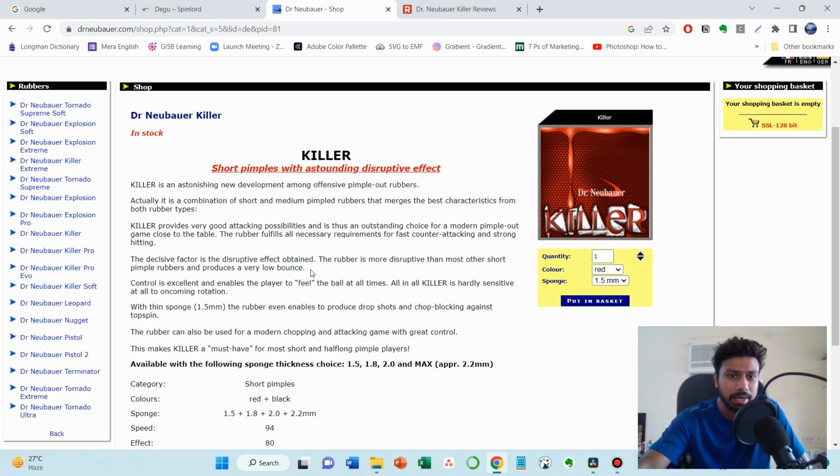Now this is very crucial. Like you will see in the videos, the bounce effect, the low trajectory, is so crucial, and that is what actually disrupts the momentum for an inverted rubber player.